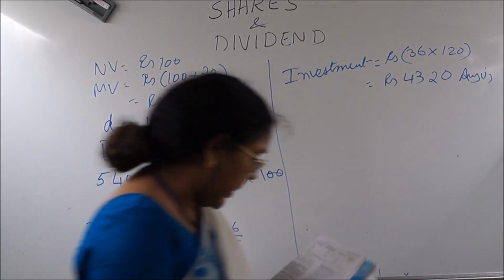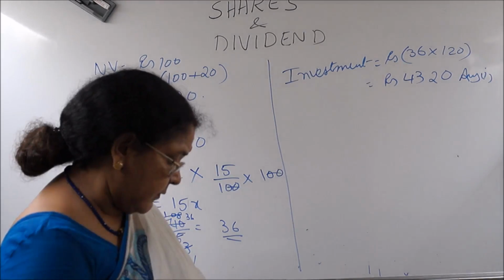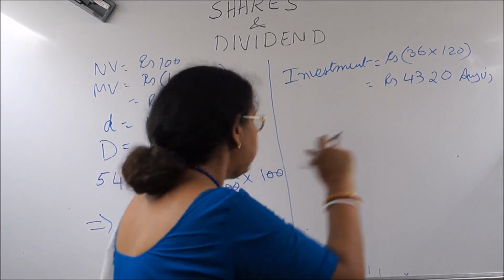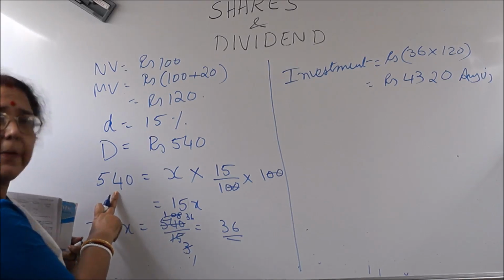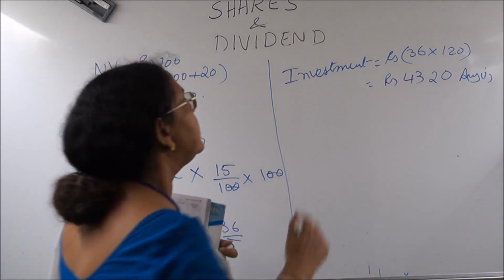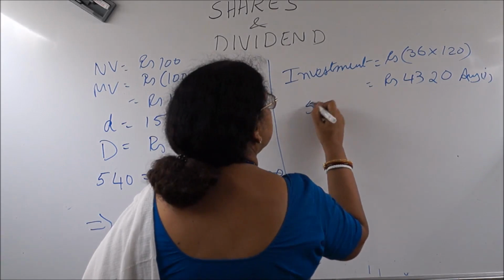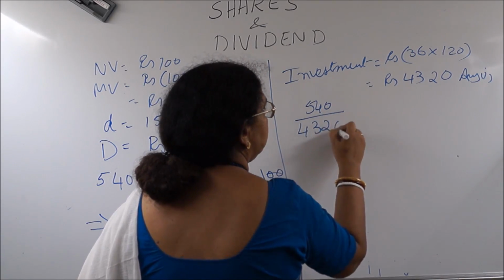Now in the second part they asked the rate of return on his investment. So this is the investment, and what is his return? 540. So we have to find out the percentage return. Rate of return, percentage return means same. So that means 540 is the return by investing 4320.